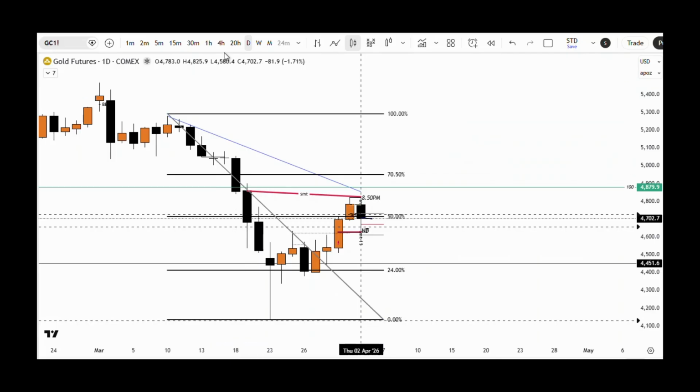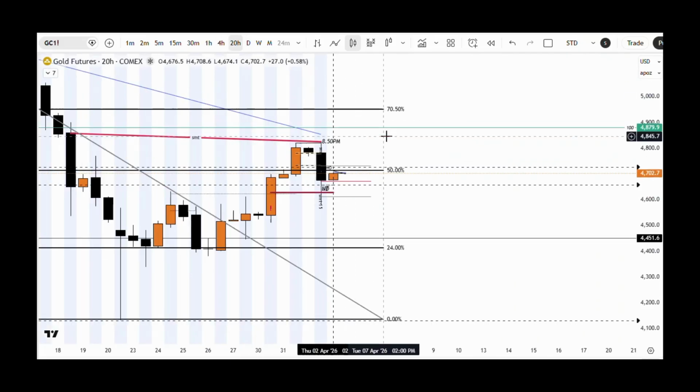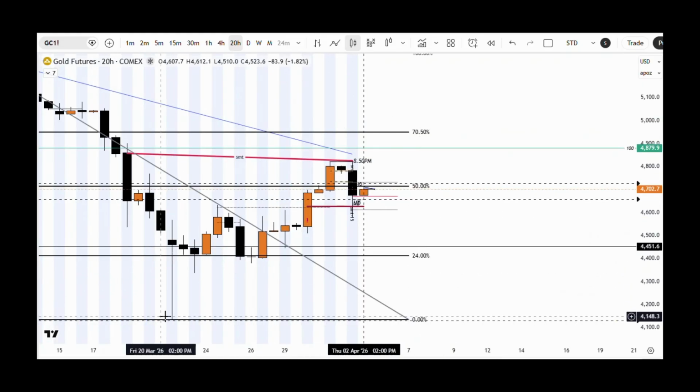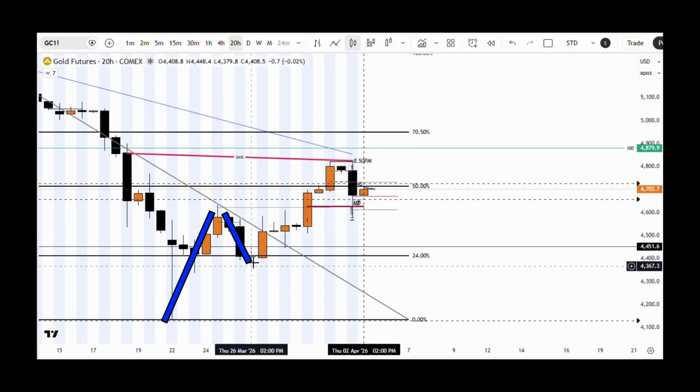However, the one thing I want to point out is if you look at this low to this high, right? This is another two-step right here. Low, high, low. A, B, C. Range one, range two.